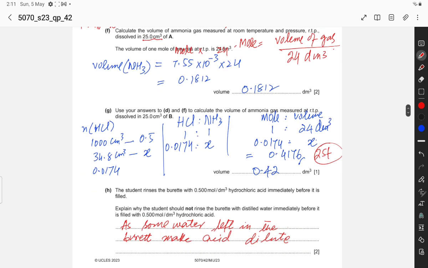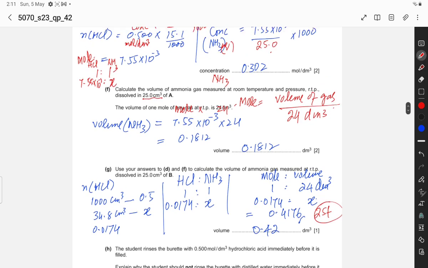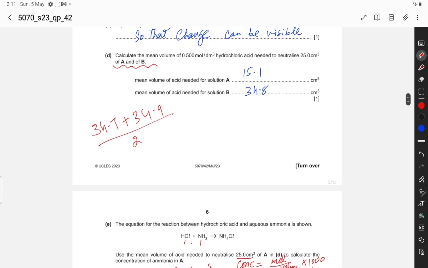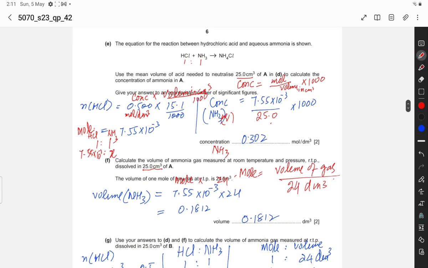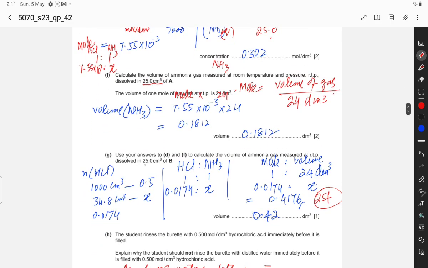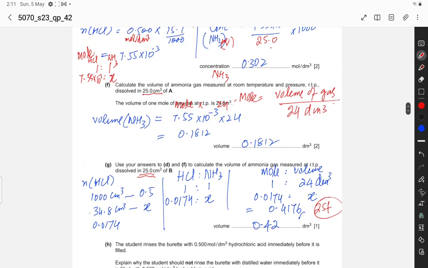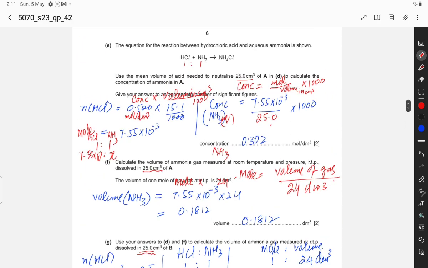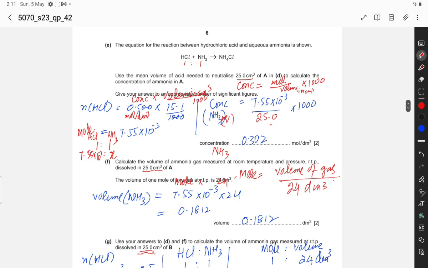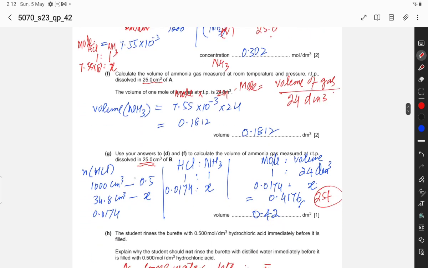Now use your answer to D and F. This is F and this is D. This is the volume of B. Use your answer to D and F to calculate the volume of ammonia gas measured at RTP dissolved in 25 centimeter cube of B. We know that 0.500 is the concentration of HCl, so in 1000 centimeter cube the mole is 0.500.